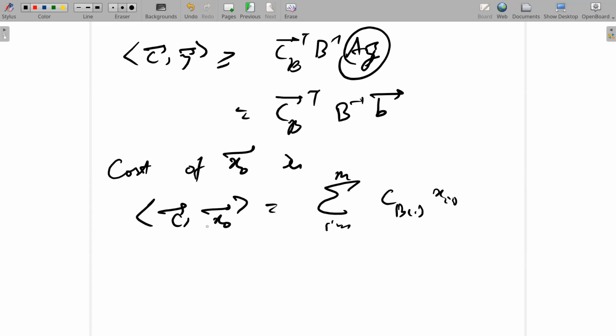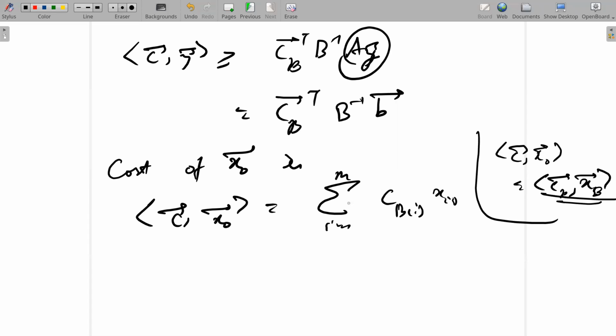This is in R^n, but since X naught is a basic feasible solution corresponding to the basis B1, B2, ..., Bm, C dot X naught is just C_B dot X_B. Forget about the zeros outside. This inner product is in R^m, and that's exactly what we're doing here: the inner product of the vectors C_B1, C_B2, ..., C_Bm with the coordinates corresponding to the basic columns.